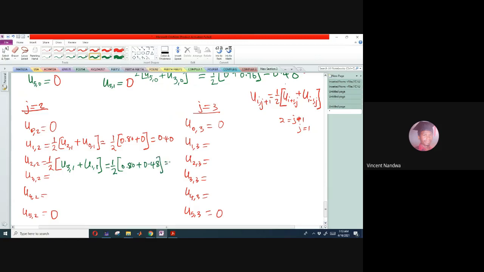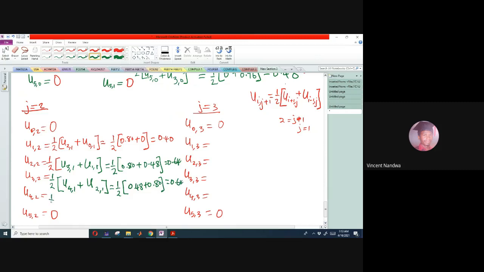So the answer will be 0.64. And similarly, this means i is 3. So when you put in, you will get u(4,1) plus u(2,1) equals a half into 0.48 plus 0.80. So you get 0.64 still.